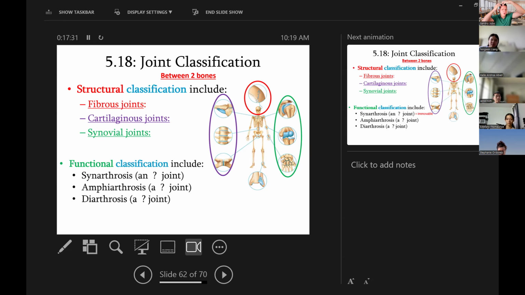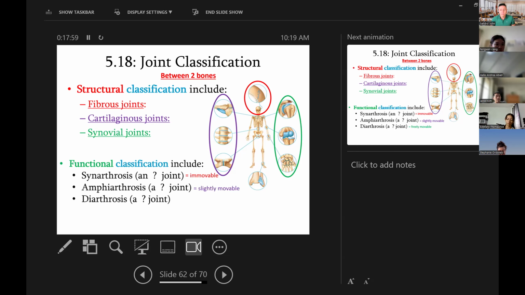We cannot move the two plates of bones in our cranium. This fibrous joint is also what we call a synarthrosis joint. So synarthrosis is a functional classification of the fibrous joints, and it's called synarthrosis because they are immovable. They don't move.